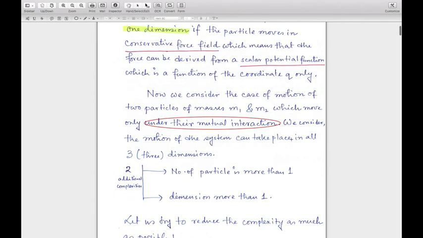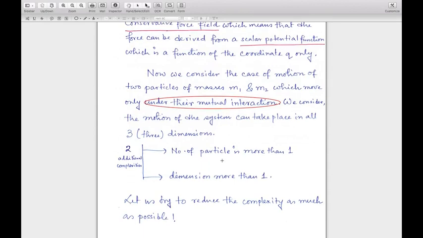If we just now try to analyze the problem, we consider that the motion of the system can in general take place in all three dimensions, just for the most general case. Then we can say that with respect to the previous problem, we have two additional complexities. The first one is that the number of particles is more than 1.